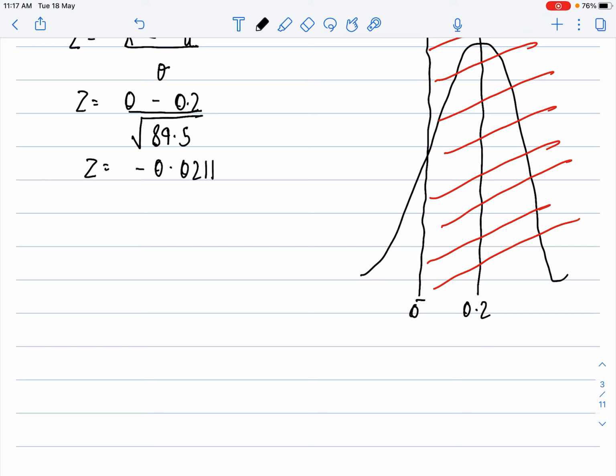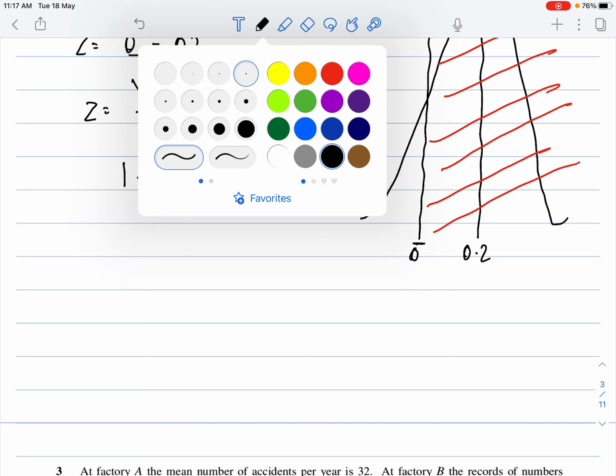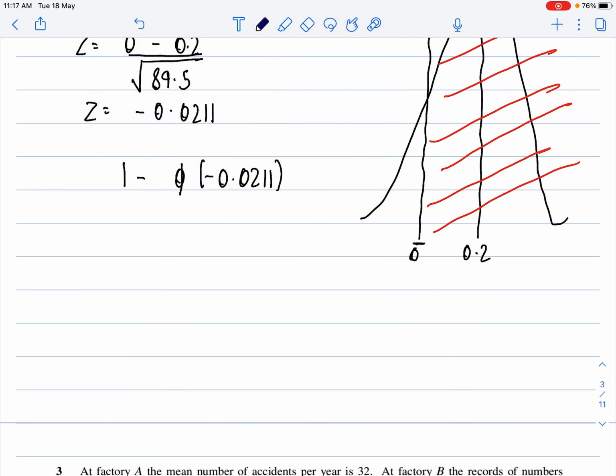Now I need more than, so I know I need 1 minus the phi of minus 0.0211. So now to calculate this, I can tell you a simple calculator method. So on the calculator, what you do is first go on mode, okay, then go on 3 where stat is written.